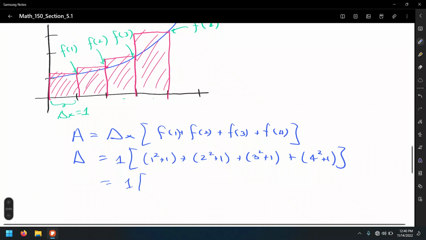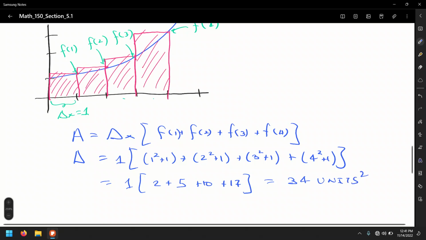Well, that's 1 times 1 squared plus 1, that's a 2, plus 2 squared, which is 4, plus 1 equals 5. And 3 squared, which is 9, plus 1 equals 10. And 4 squared, which is 16, plus 1, that's 17. Alright, 17 plus 10, that's a 27 plus 5. Is that a 32? Plus 2, is that a 34? 34 units squared.